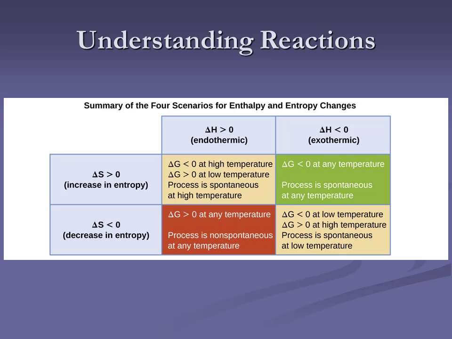Greater than 0 is disorganized. Less than 0 is more organized. Then what we're going to see is that, okay, if we have an exothermic reaction, negative delta H, becoming more disorganized, that is going to be spontaneous. It's not going to matter what energy. That's going to go. That's why they did that green.